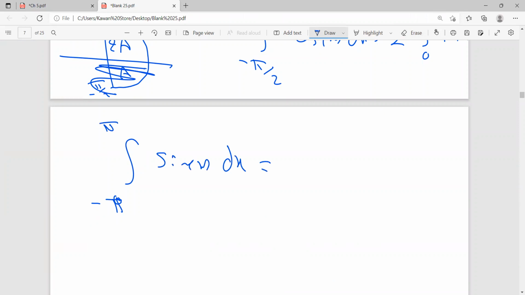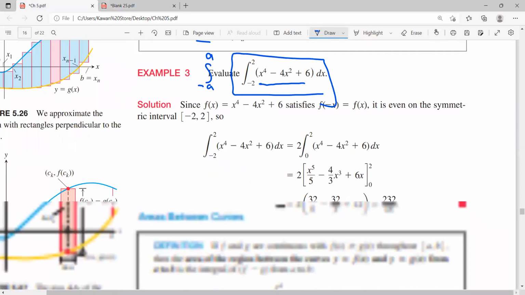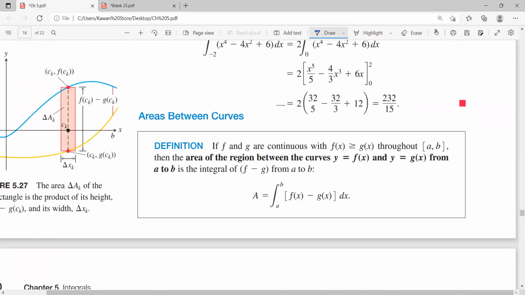Instead of finding the value and getting 0, you just say I get 0. Why? Because this one is odd and that one is from minus a to a. Okay, dear? Easy? That's all. Maybe you use it, maybe you don't. Depends on the example.